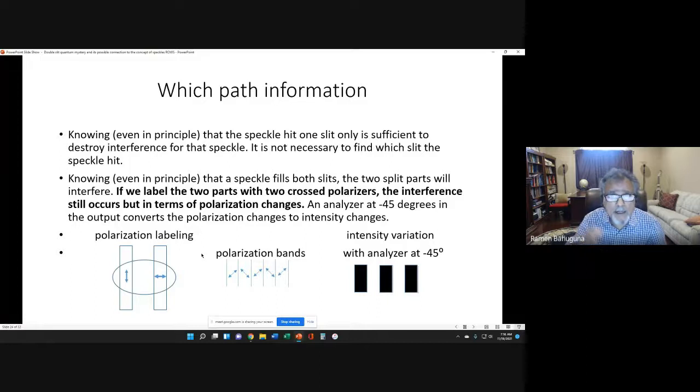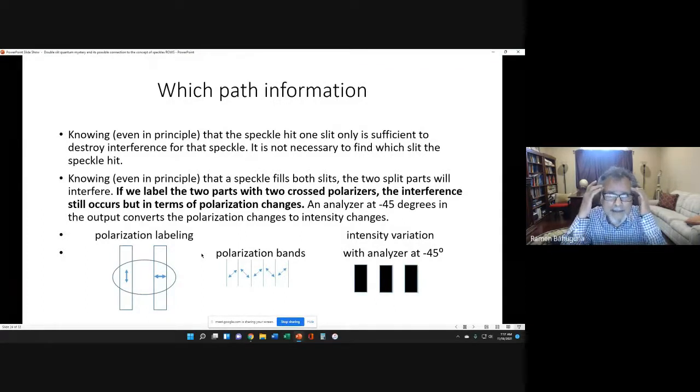When you place a polarizer, which we call an analyzer, at the output, at minus 45 or plus 45, these alternate bands are going to go through. Light will go through, and it is converted to bright and dark bands. It's a simple explanation. Those who work in interferometry may already know this. So when we say cross polarizations do not interfere, it's not true.